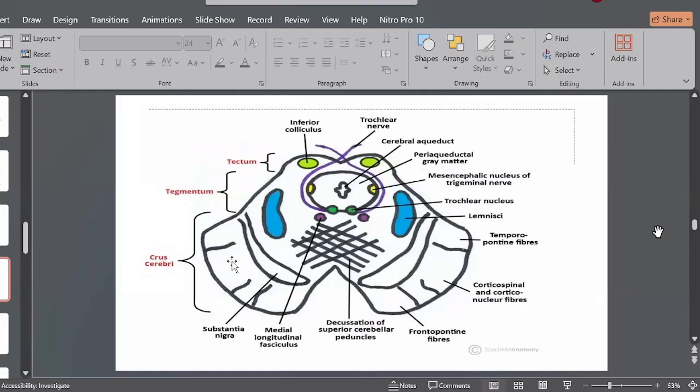Where we have the substantia nigra, we have the medial longitudinal fasciculus, we have the decussation of the superior cerebellar peduncles, then some nuclei that contain the nerve supply. You're able to see the trochlear nerve, cerebral aqueduct, and periaqueductal gray matter. These are some of the structures you're able to see there.